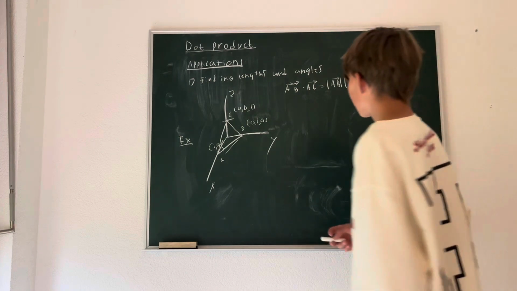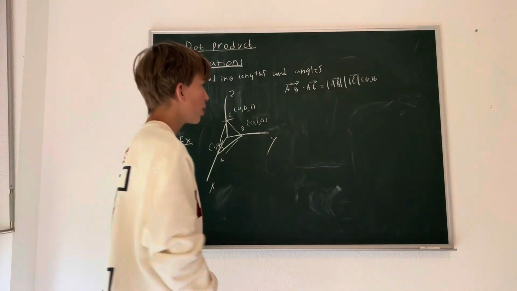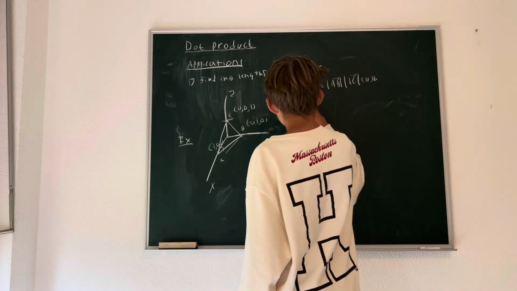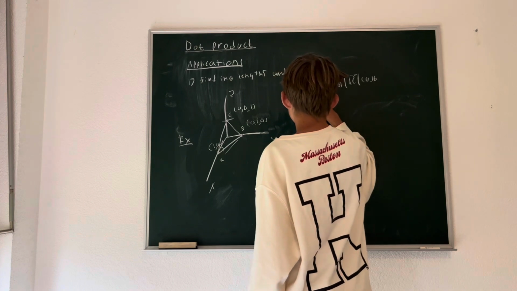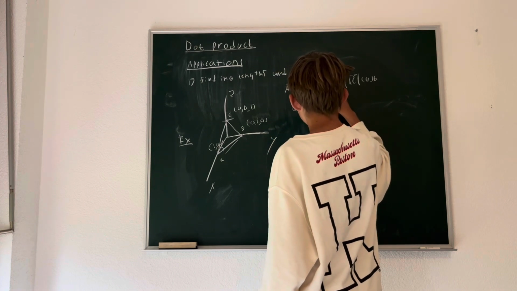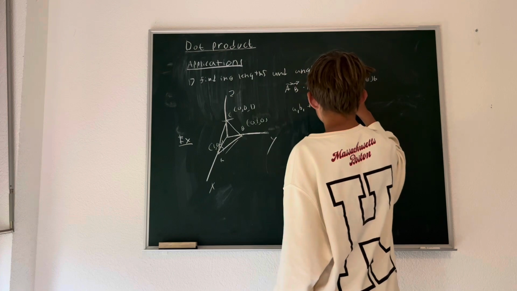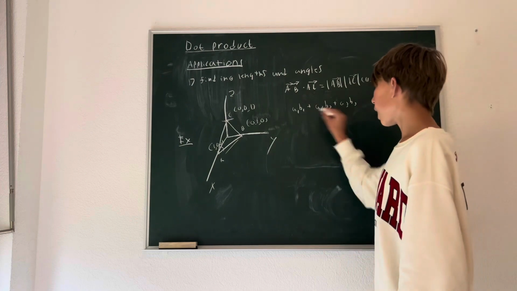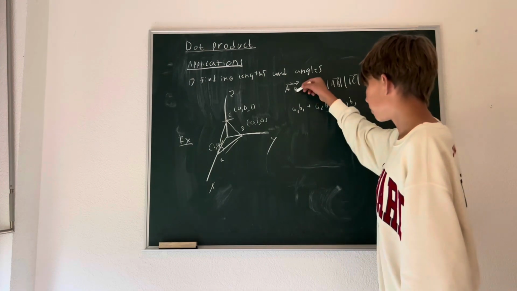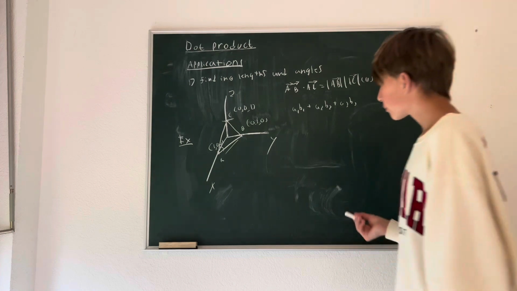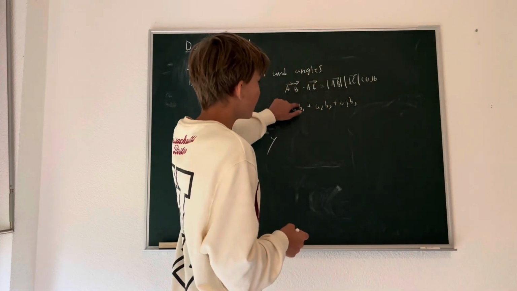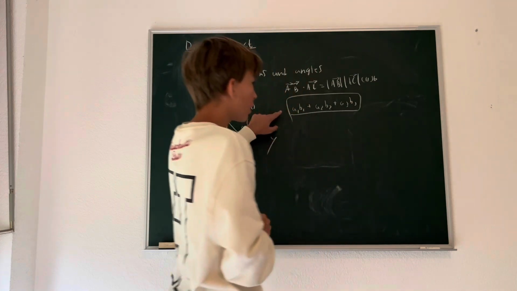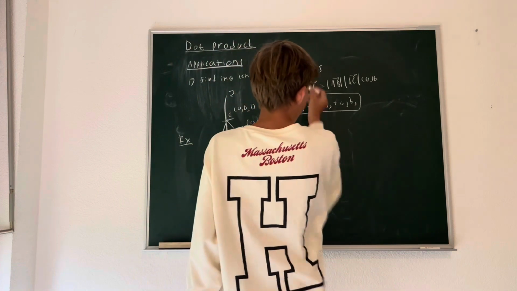But hold on, we have another easier way of finding the dot product, and that is A1 B1 plus A2 B2 plus A3 B3, right? I don't want you to be confused by this B and this B, okay? This is just our formula, and it doesn't have anything to do with these vectors right here.